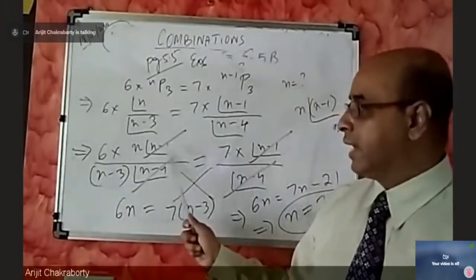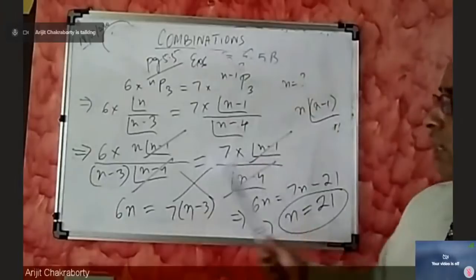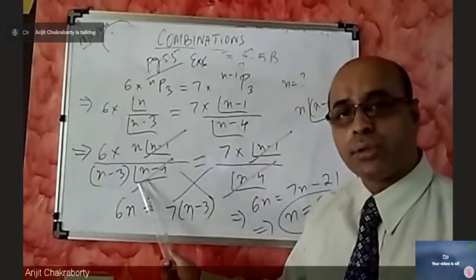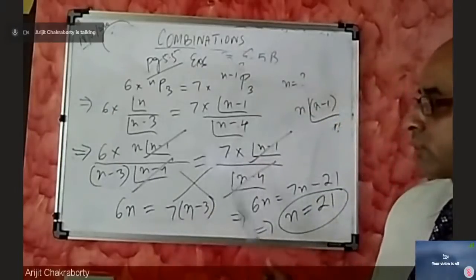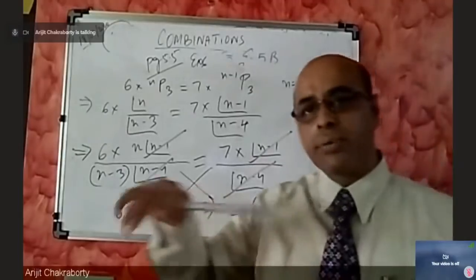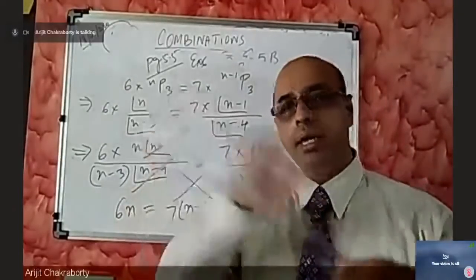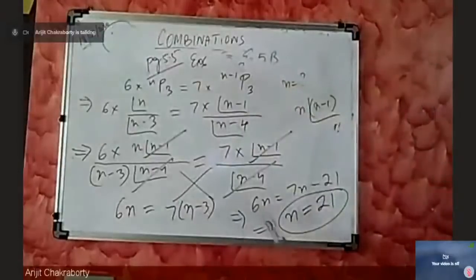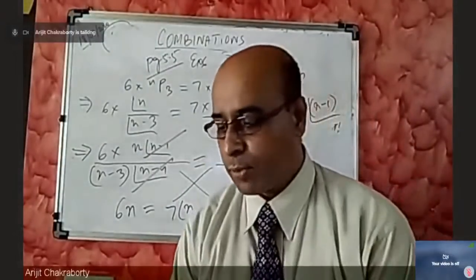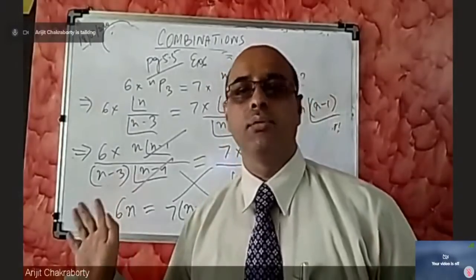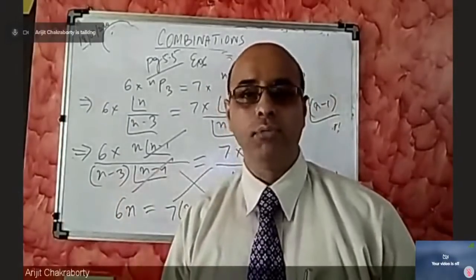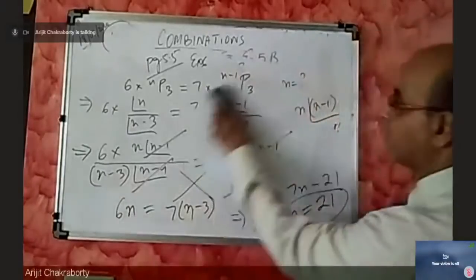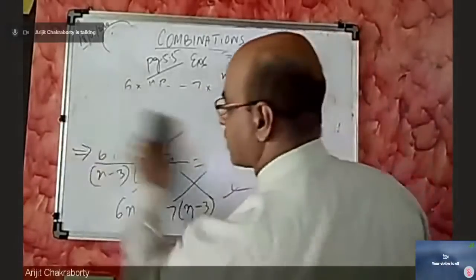Now it becomes a linear equation, like a straight line, and therefore n comes to 21. Simple solution. The problem I think is now clear, and the way I worked it out, I'm sure you are getting more clarity. Fine. Rounding this up and now moving on to the next question.